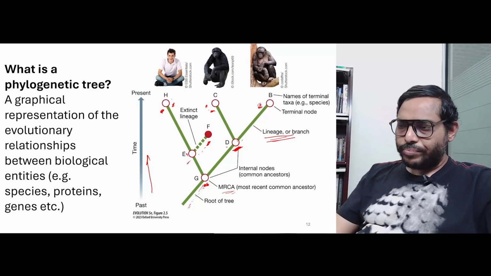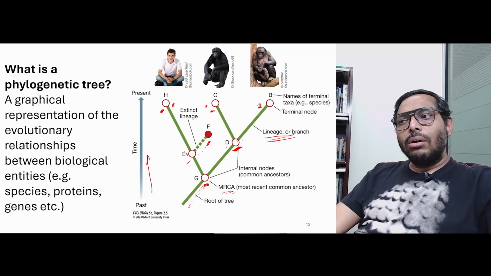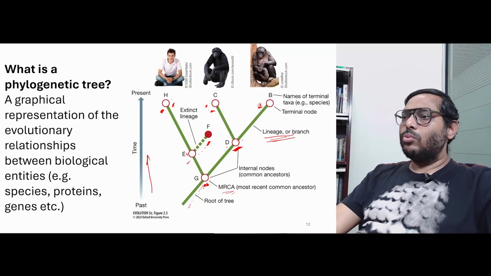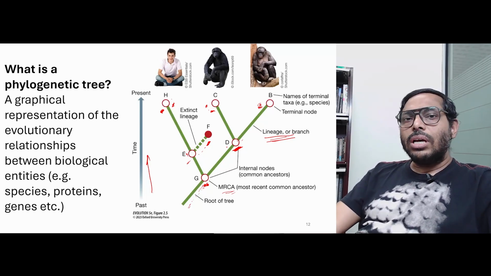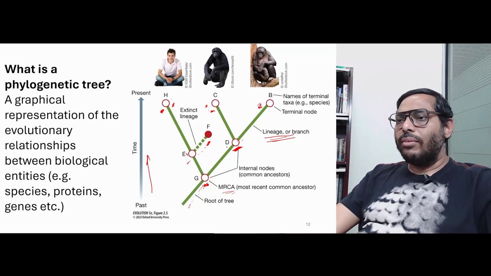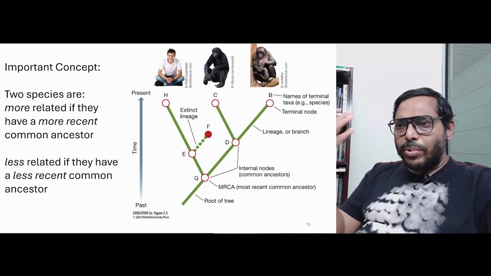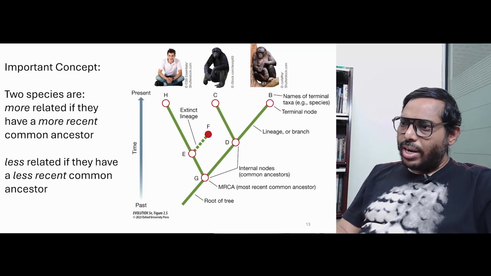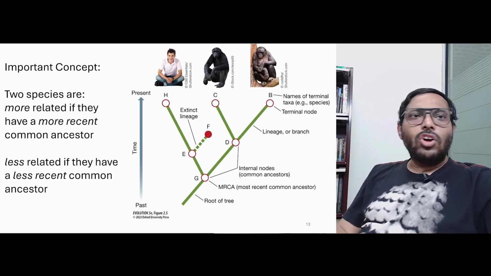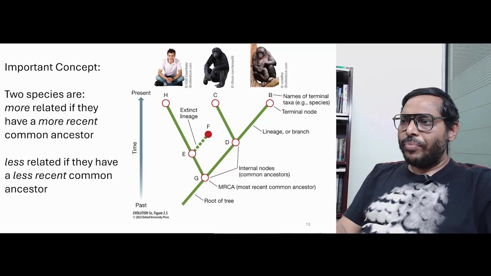So, the crucial information that you get out of this kind of a tree is the amount of relatedness between the various species. And the simple way to think about it is that two species are more related if they have a more recent common ancestor. If you look at it, remember we have time on the y axis.